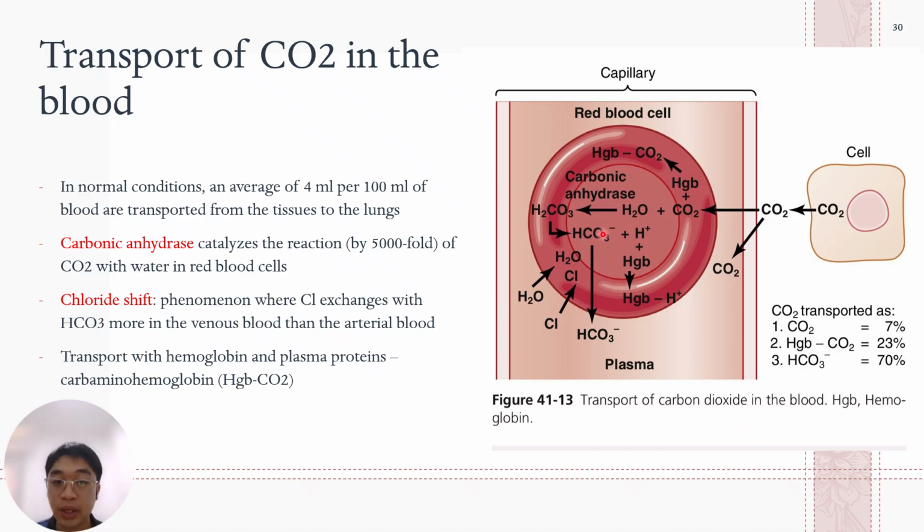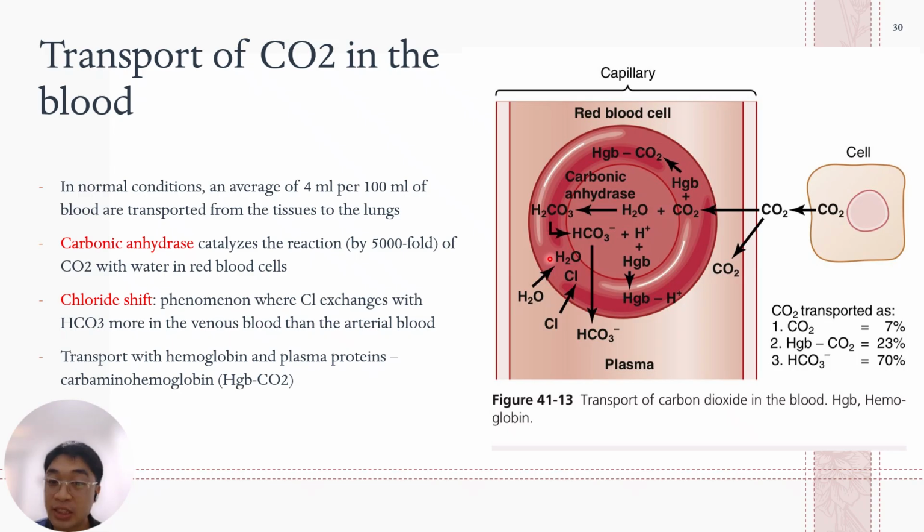The first common pathway is that carbon dioxide combines with water with the help of carbonic anhydrase to form carbonic acid, or H2CO3. This carbonic acid will then dissociate into bicarbonate, HCO3, and hydrogen.